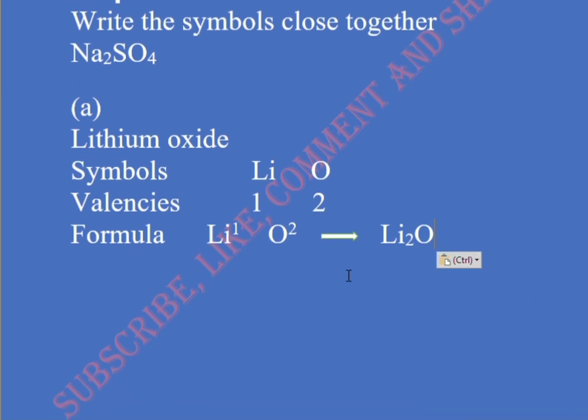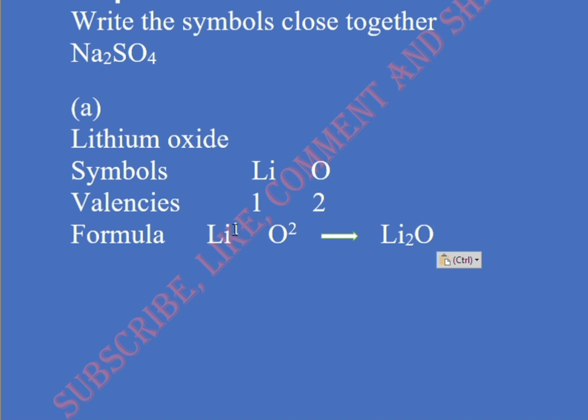Now let's look at a number of examples, beginning with lithium oxide. Just follow the steps. Remember, the first step is writing the correct symbols of the elements or the radicals.